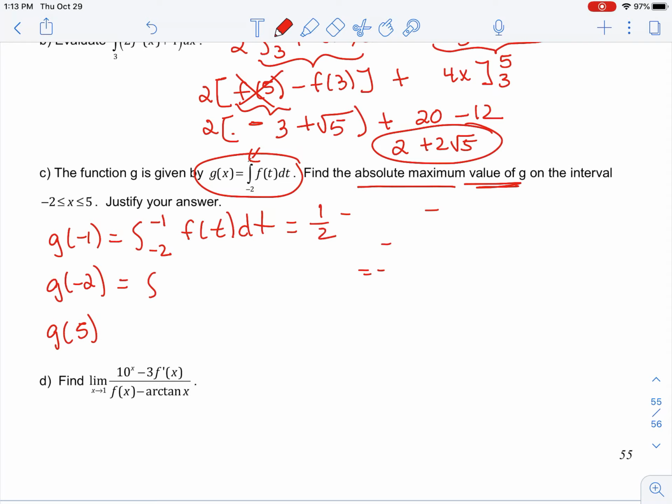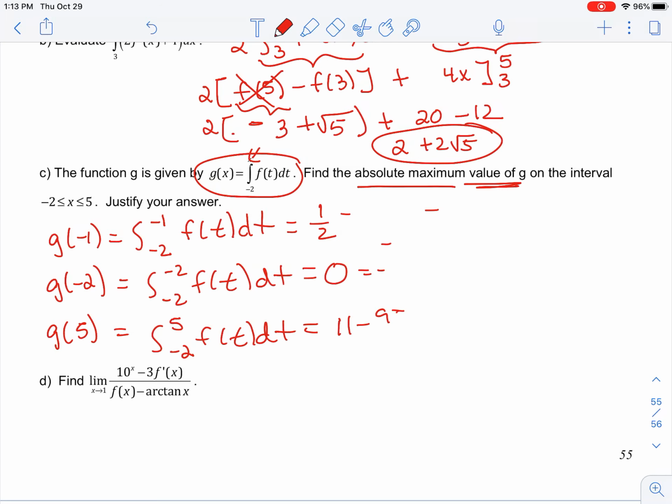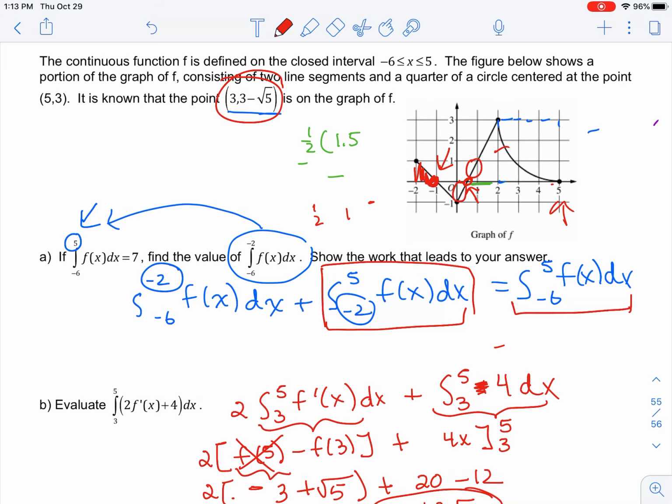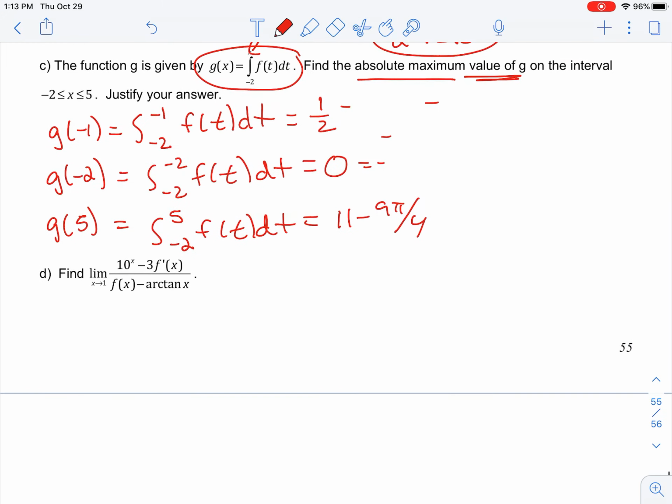So this is going to give me 1/2. g of negative 2 is just going from negative 2 to negative 2, so we're not adding up anything, so this is 0. And then this is the integral from negative 2 to 5 of f of t. This part we figured out up at the top; this was 11 minus 9 pi over 4. Remember, we did that by coming up with all these pieces up here. So you can use that answer.